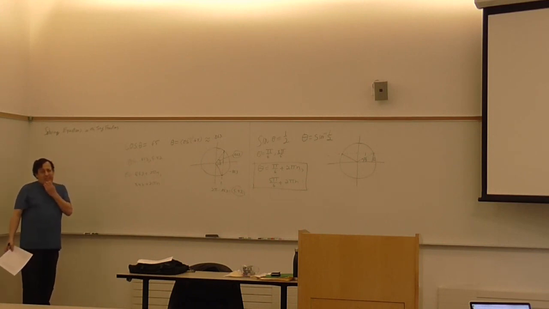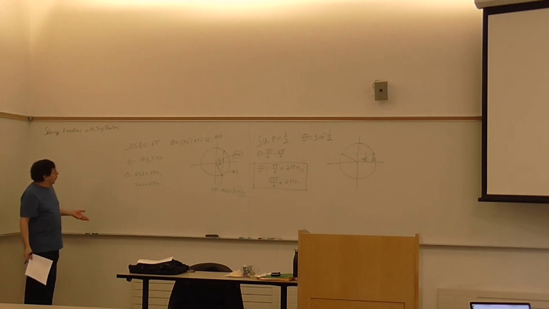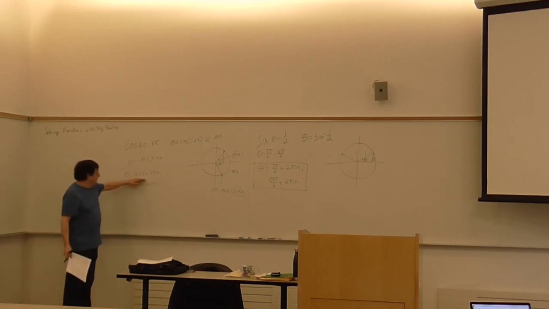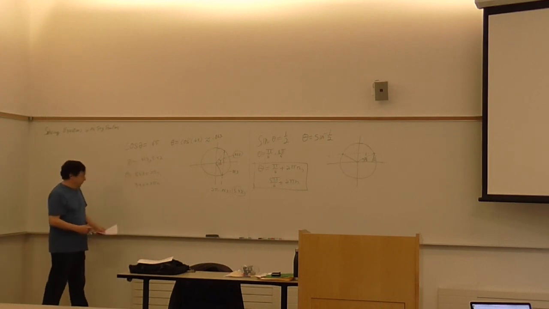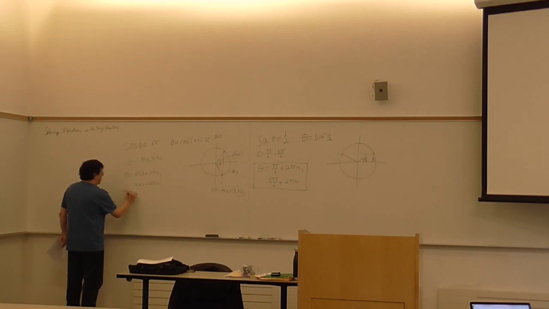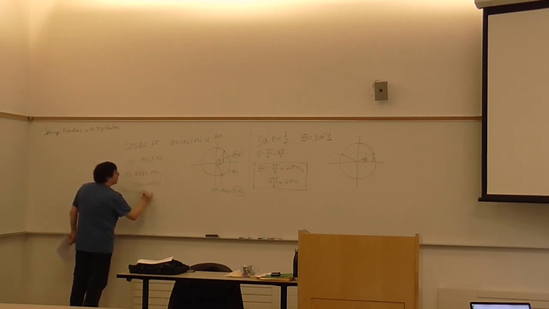Now, let's say you don't have a calculator, or let's say you're explicitly told to leave an exact answer. These are not exact answers, these are approximations. We could substitute back in here. This could be theta equals inverse cosine of 0.65 plus 2 pi n.